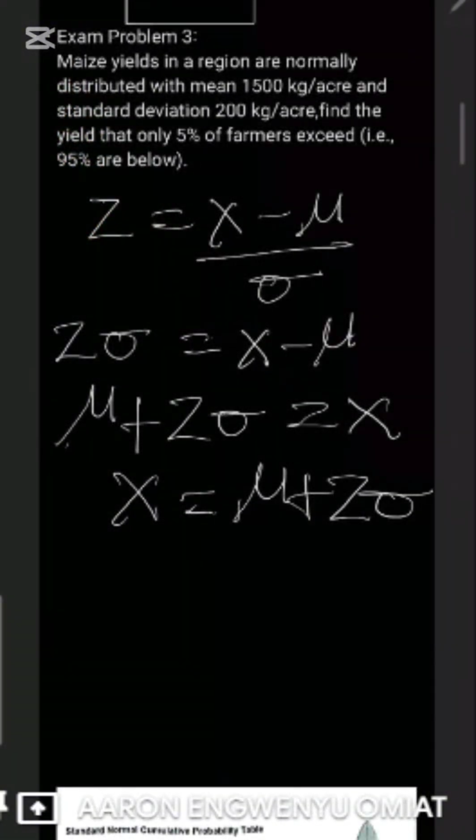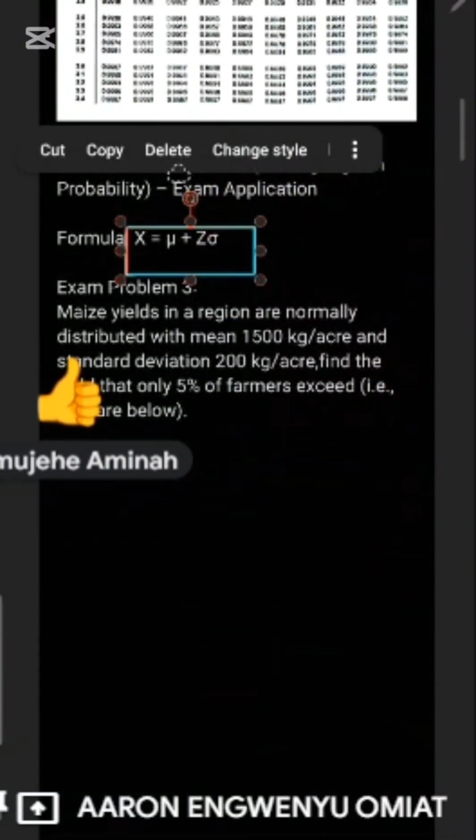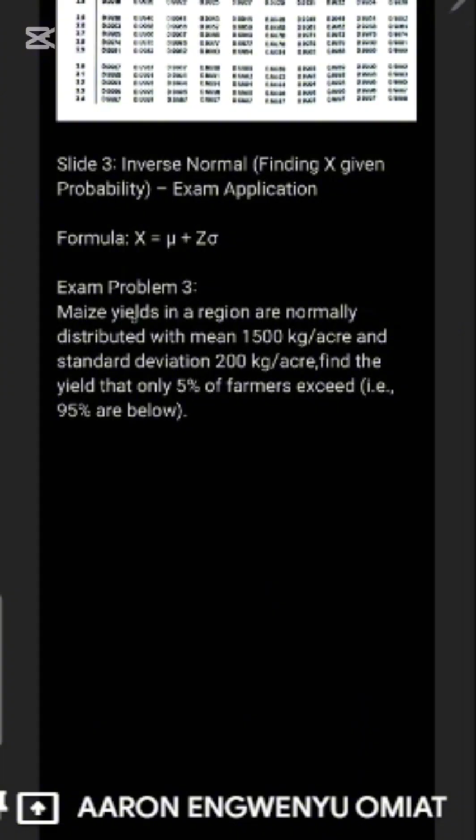Okay. Now let's attempt this question. The maize yield in a region is normally distributed with mean 1,500 and standard deviation, which is sigma, 200.